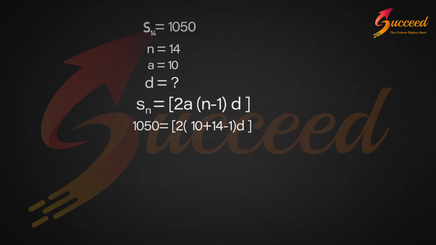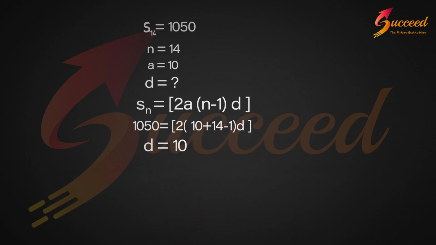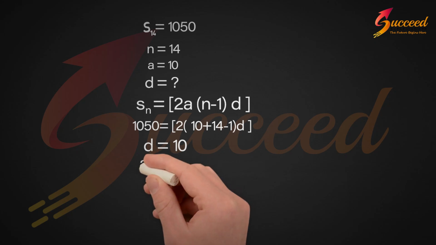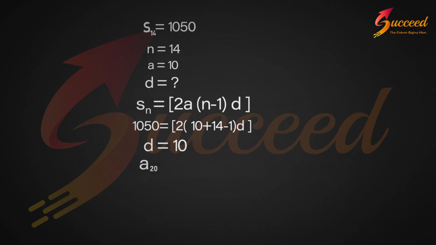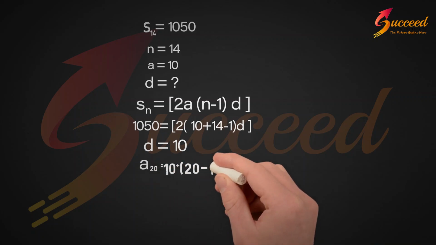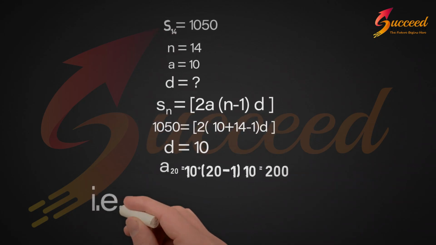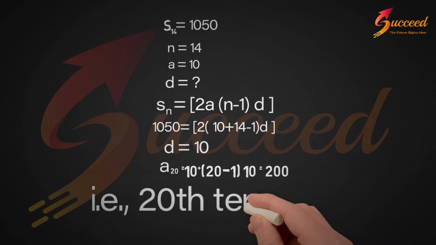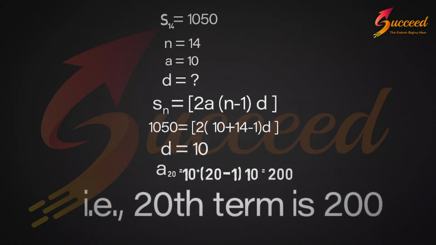Therefore, we get the value of d as 10. Now, substitute this in the value of a20 equal to 10 plus 20 minus 1 into 10, that is 200. Therefore, the 20th term for this arithmetic progression is 200. That's your answer.